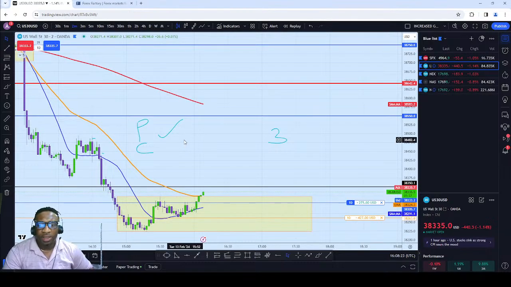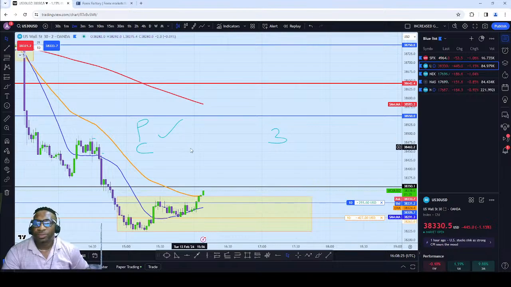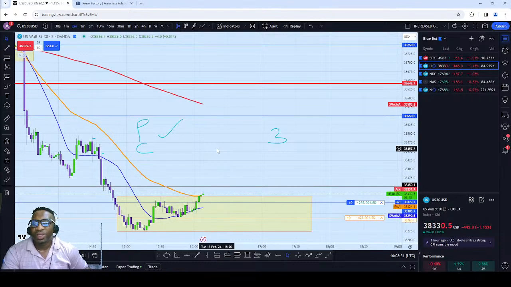So guys, what I want you to try and do is, whenever you find price in consolidation or a trading range, try to avoid trading in there, because those are the areas where we tend to lose our profits.